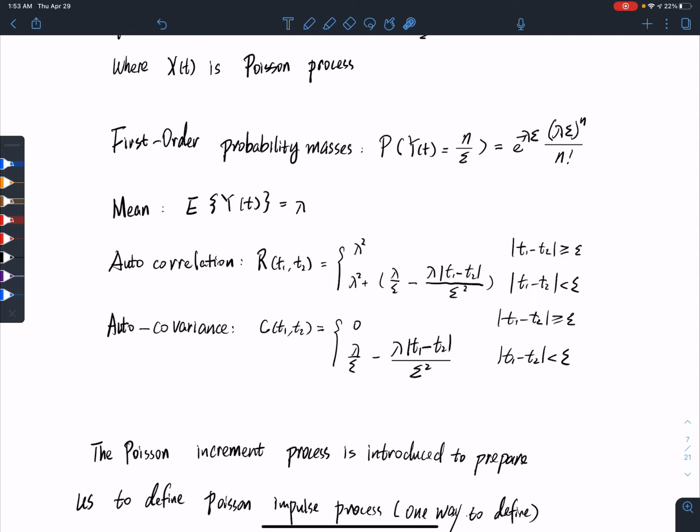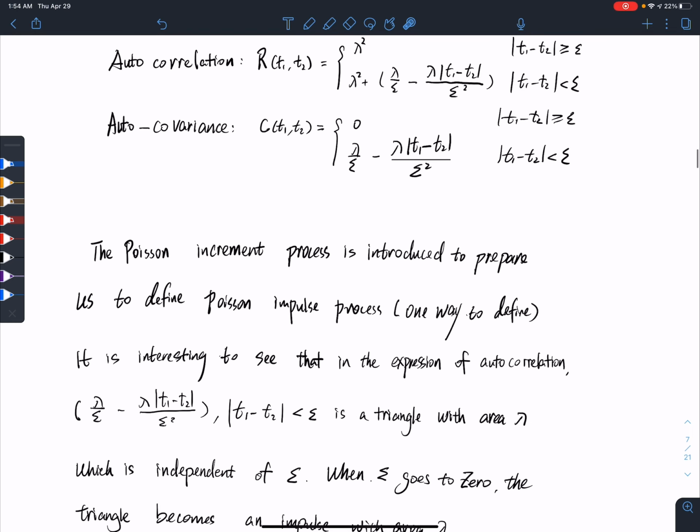Autocovariance C(t1, t2) is equal to 0 when the absolute value of t1 minus t2 is greater or equal to epsilon, and lambda over epsilon minus lambda times absolute value t1 minus t2 over epsilon squared when it is less than epsilon.